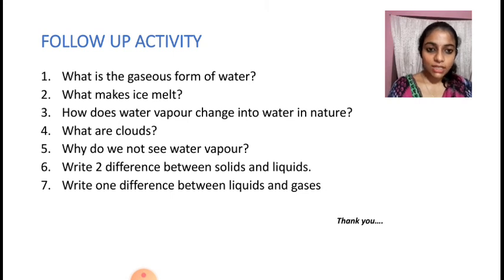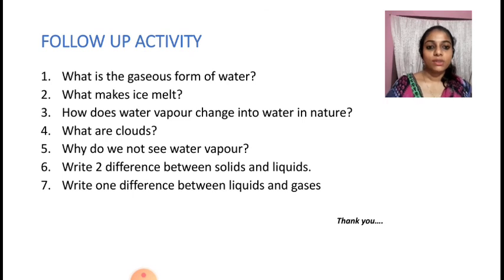See, in nature, water vapor from the water bodies rises and meets the cold air, and what happens? They form the clouds, and the clouds again change to water, that is in the form of rain. Okay, so that is how the water vapor changes into water.